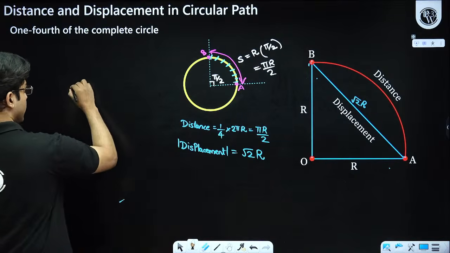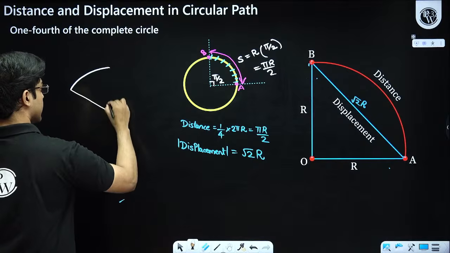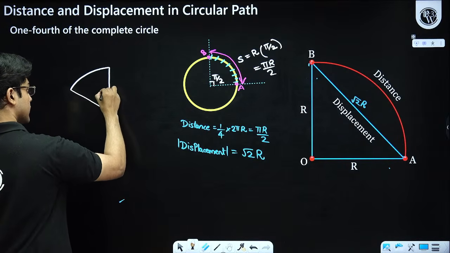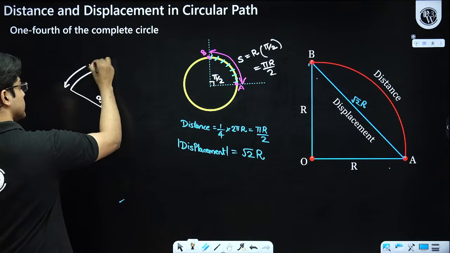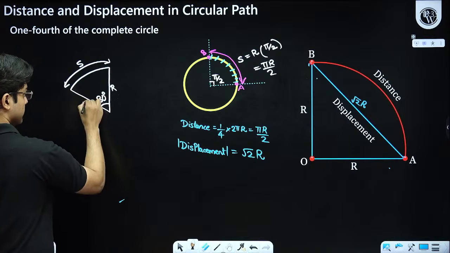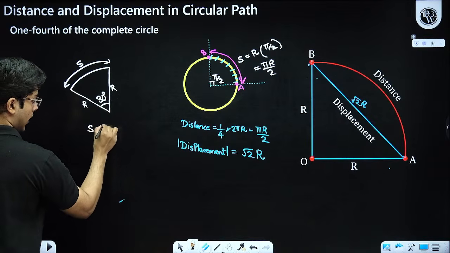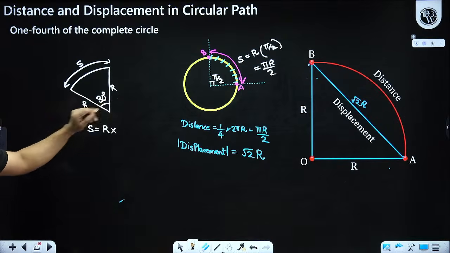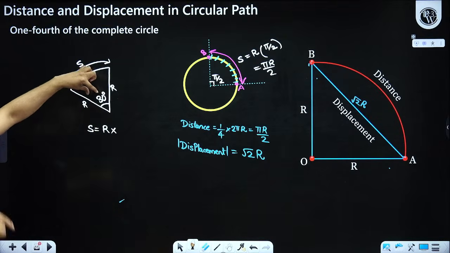So if you have another arc which, let's say, subtends 30 degree at the center, then how will you write this length? In that case, the length will be r into theta, but theta you have to substitute as radians, okay. What is 30 degrees in radians?